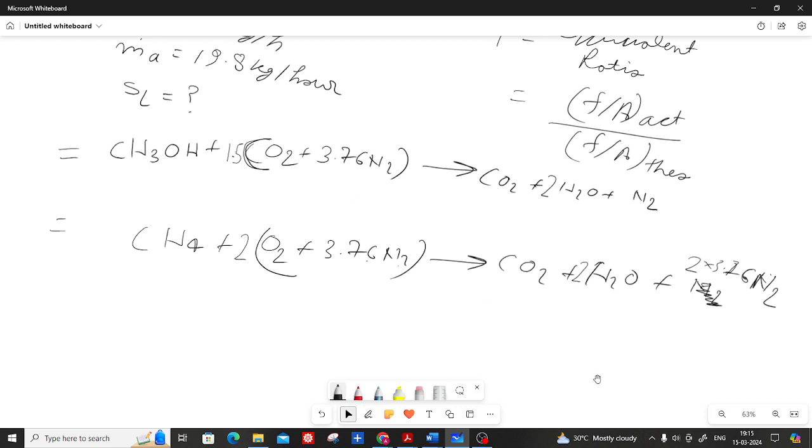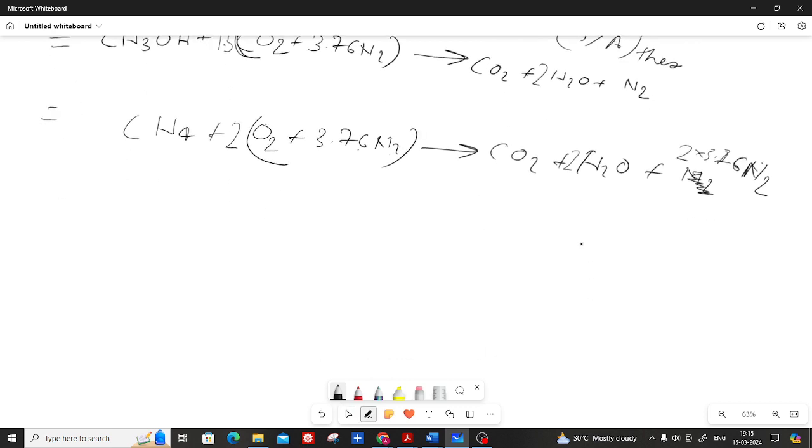So suppose you consider this reaction C10H22. Now can you balance this equation? See, you need not remember any formula, you do the balancing, that's it.